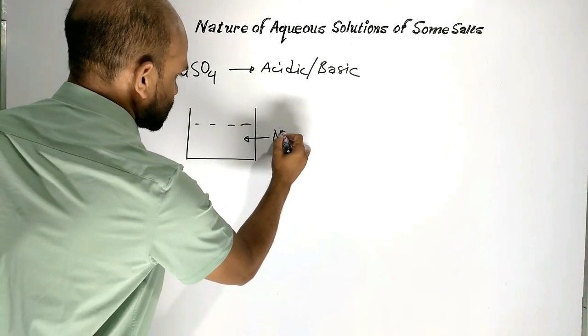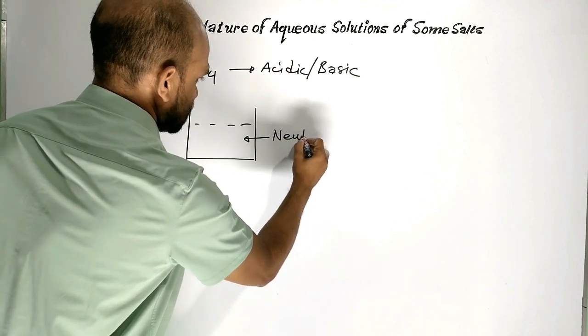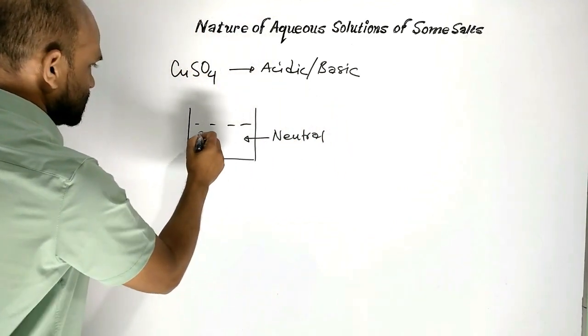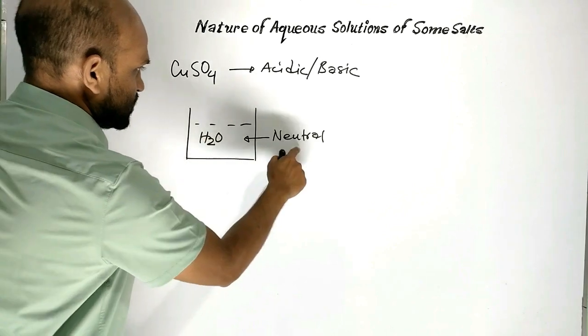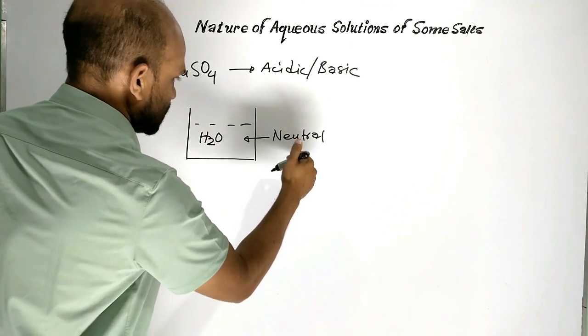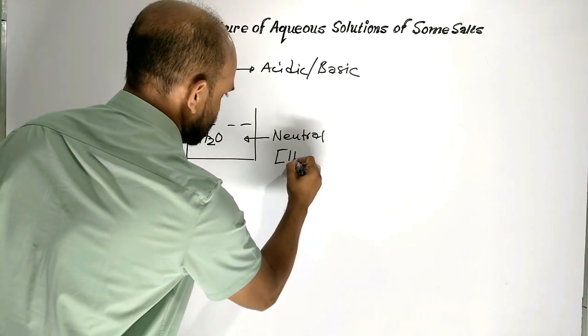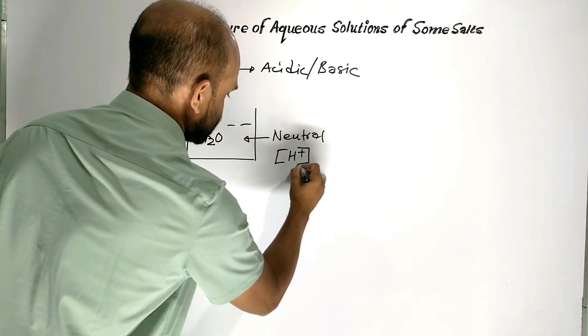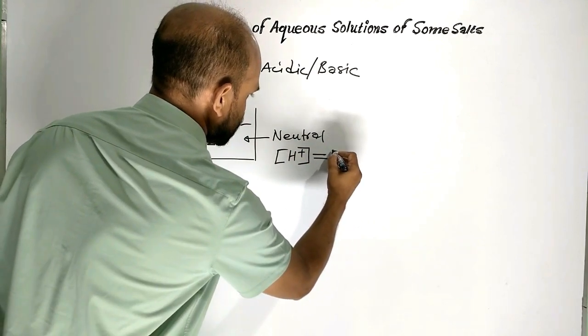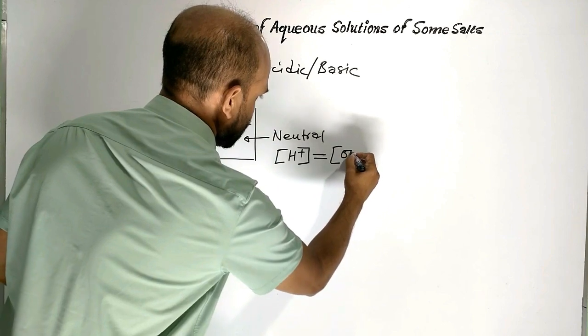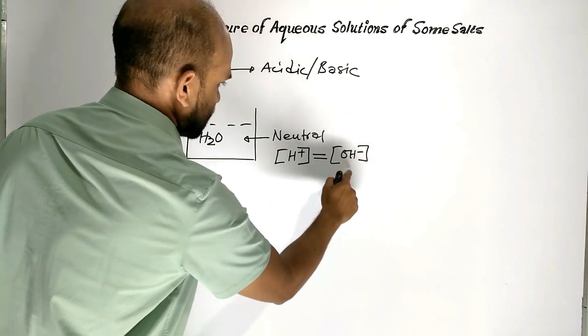water is neutral. This is water, which is neutral because here the concentration of hydrogen ion is equal to the concentration of hydroxide ion.